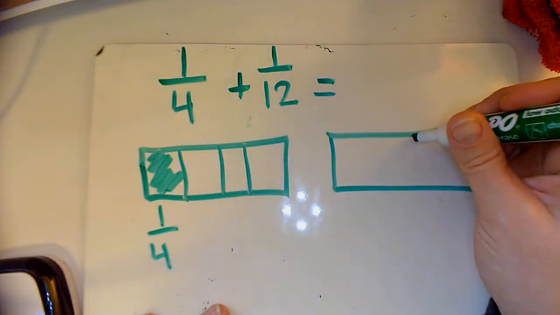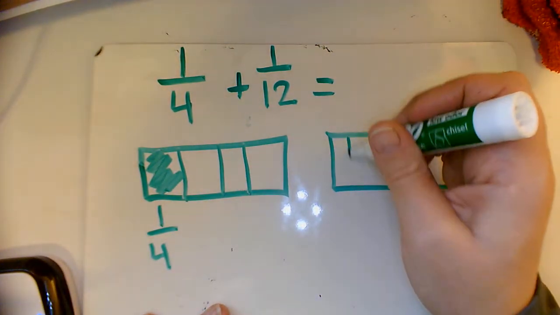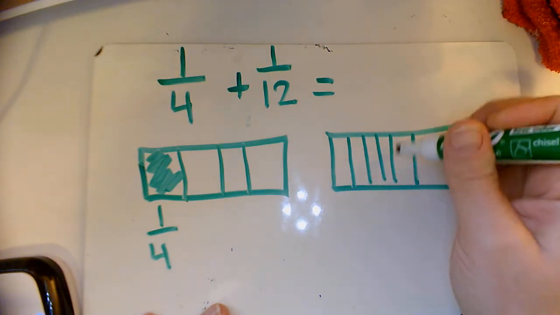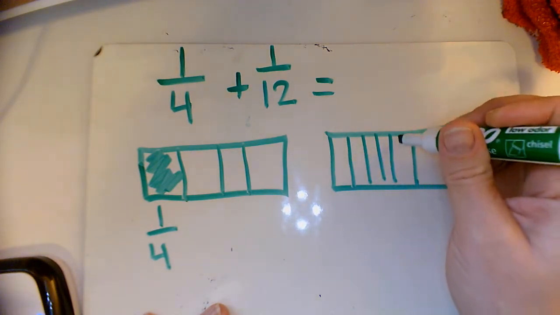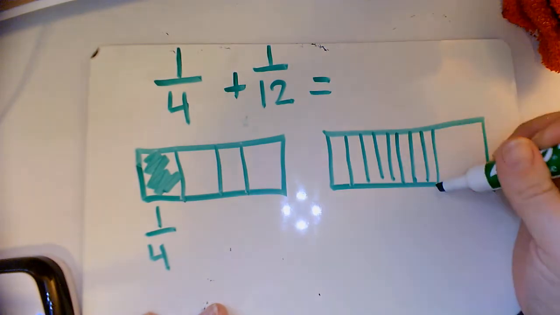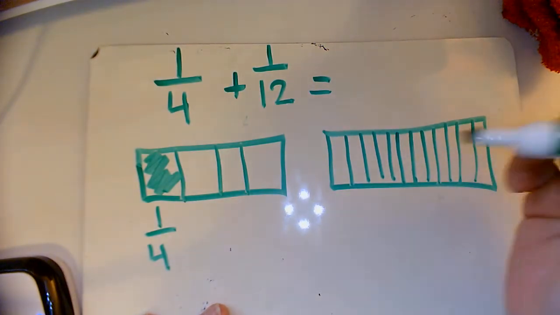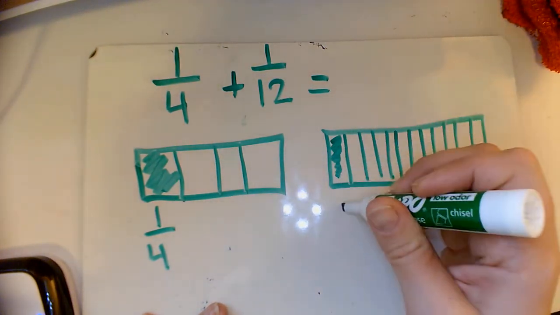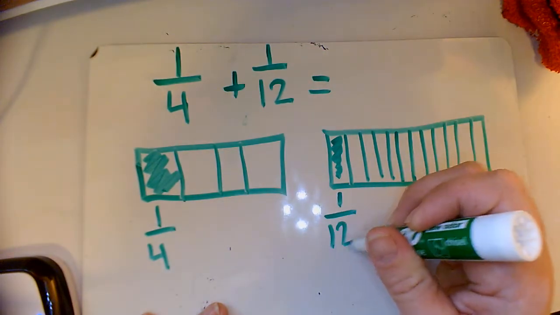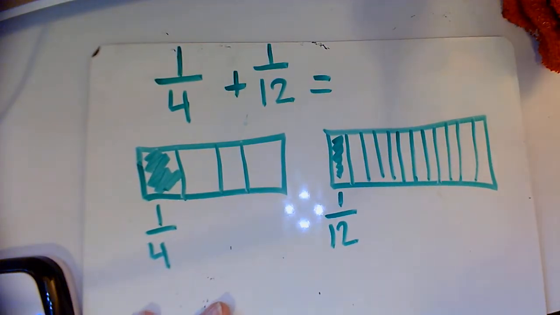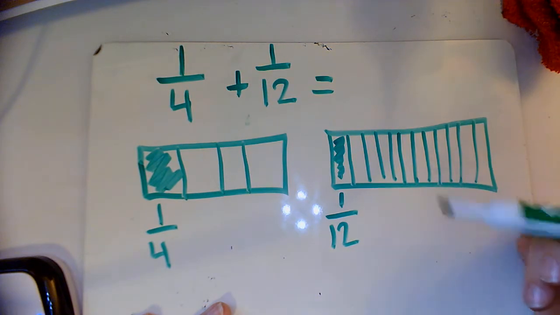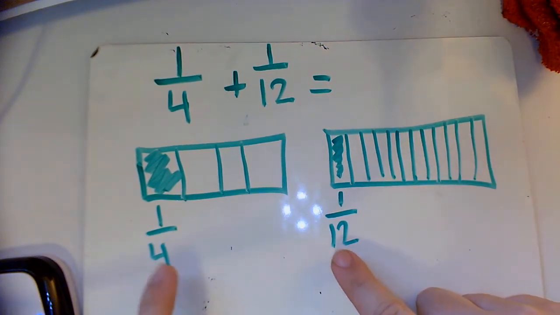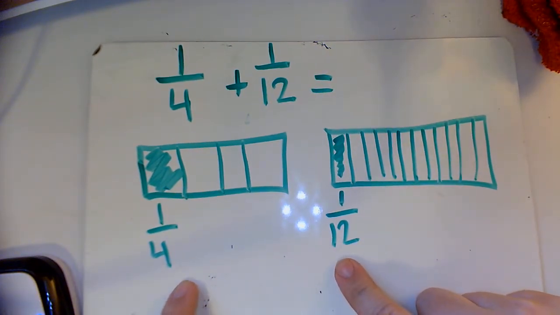And then I'm going to represent 1/12. Okay, so I have my 1/12 and my 1/4. So we are going to look at our denominators and say, are those related? Can I convert one of them to be the same as the other?